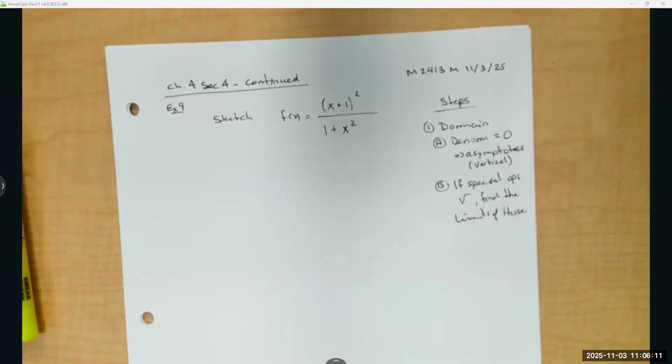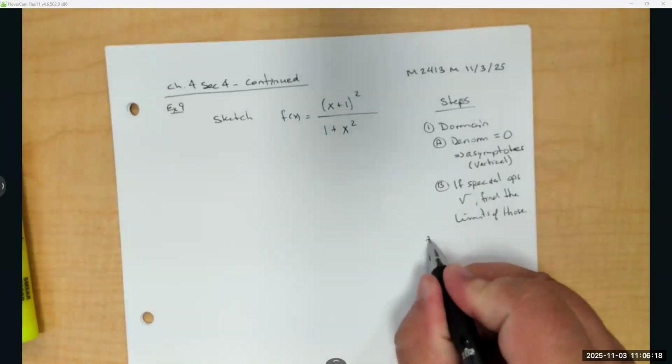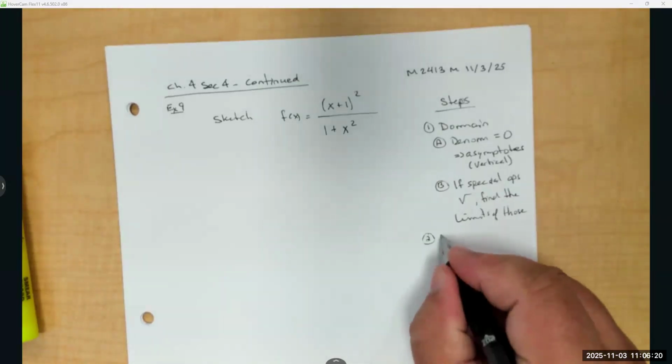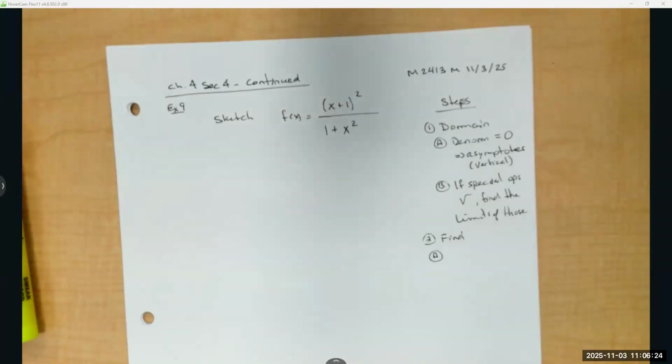All right, so we have to understand what we're looking for here. And then as we've talked about so far, we have a couple things.